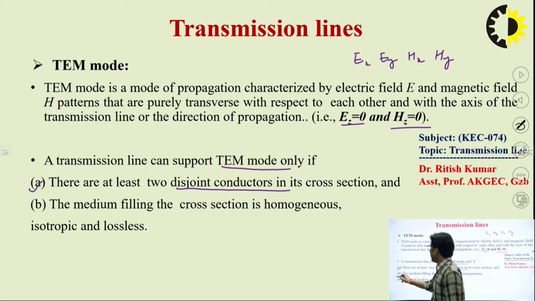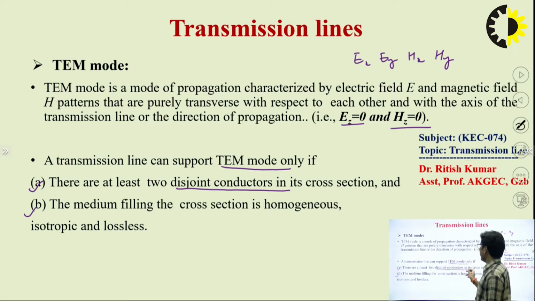Secondly, to have a pure TEM mode, the medium surrounding the central conductor should be homogeneous, isotropic and lossless. These are the two main conditions to have a pure, or perfect, TEM mode.